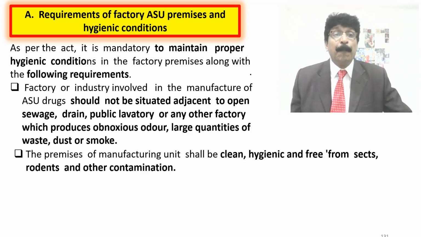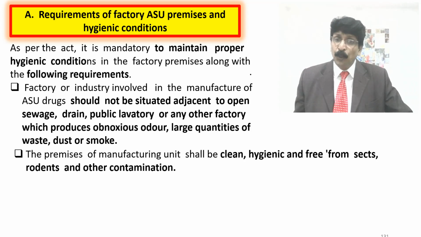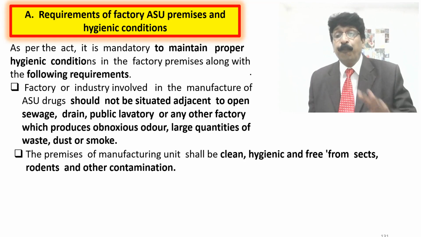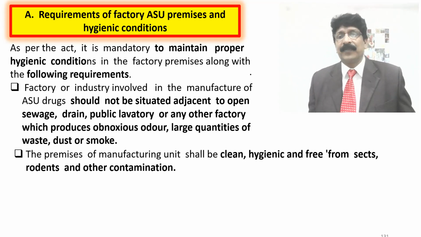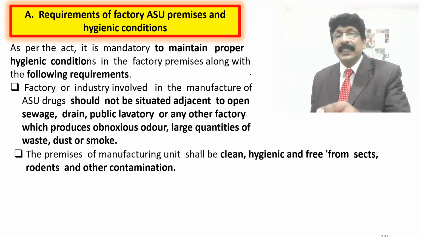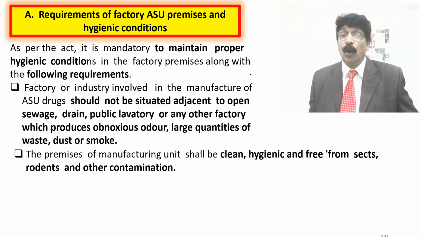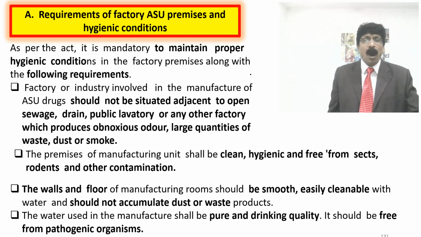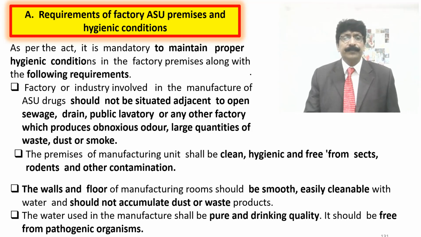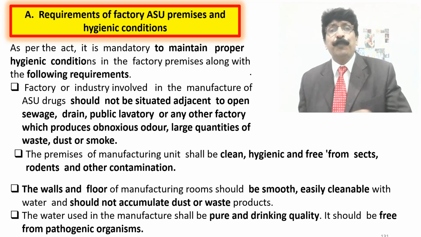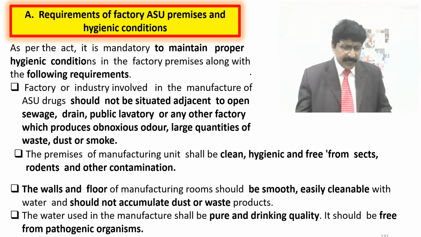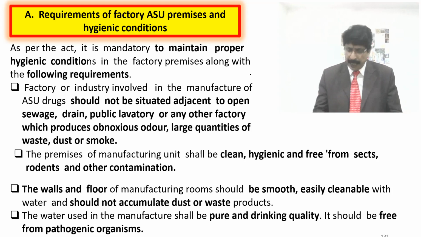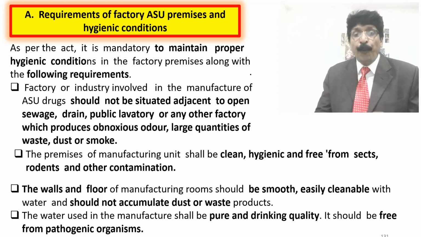The premises of the manufacturing unit shall be clean, hygienic and free from insects, rodents and other contamination. The wall and the floor of the manufacturing room should be smooth, easily cleanable with water and should not accumulate dust or waste products.